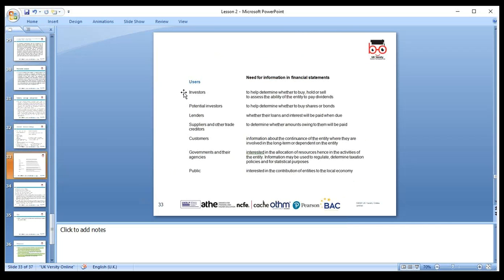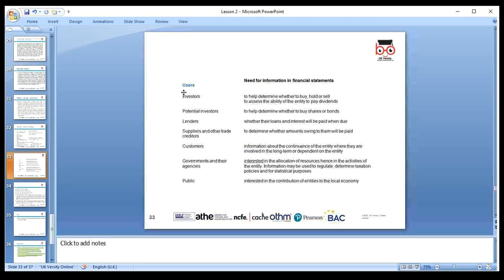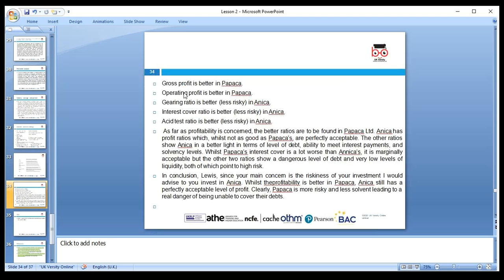Then we have investors. As we've seen, investors can make decisions based on the profitability ratios. Different people can make different decisions based on the information. Like in this case, Anika and Papika.